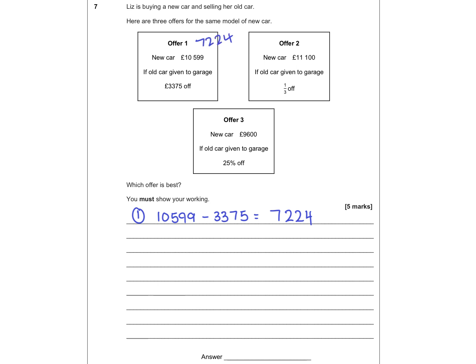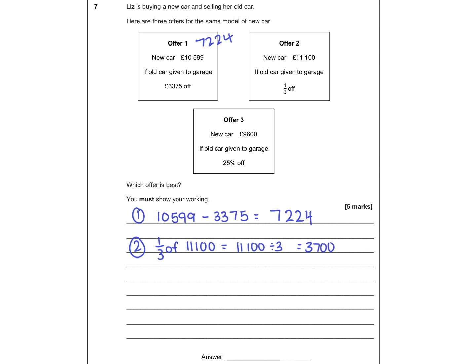All right, then we have offer 2. So the new car is £11,100, but she gets 1/3 off. Okay, so 1/3 of 11,100 is 11,100 divided by 3, which is £3,700.